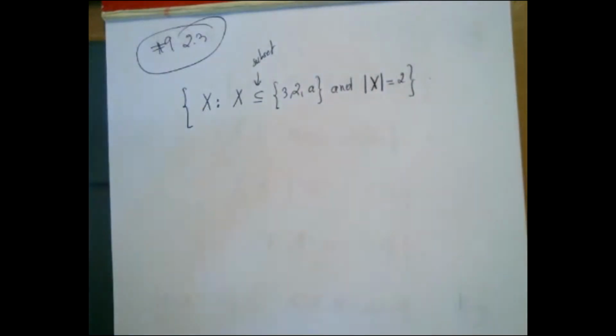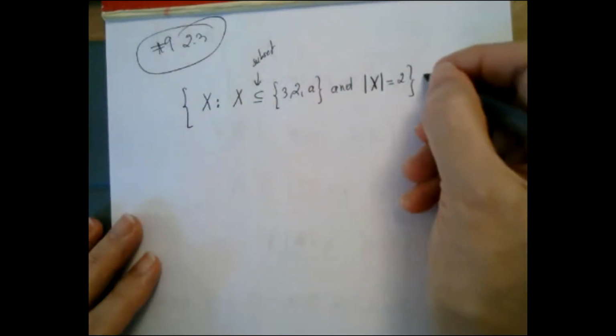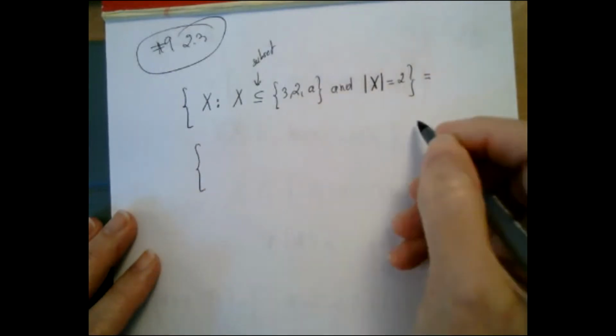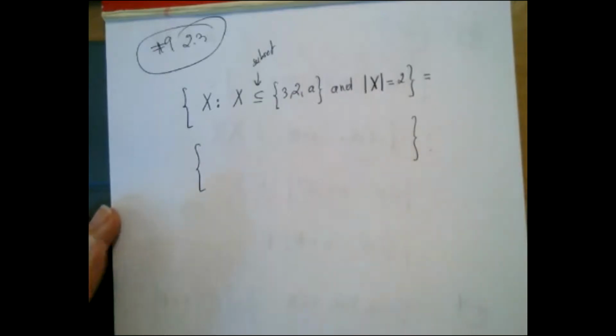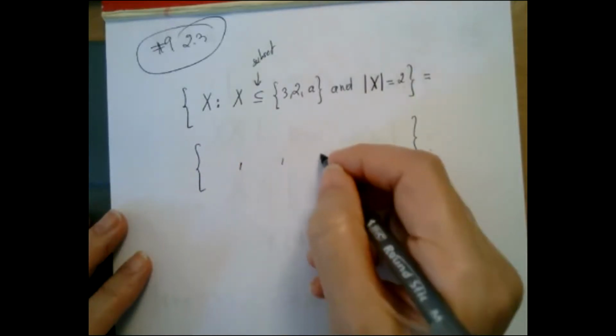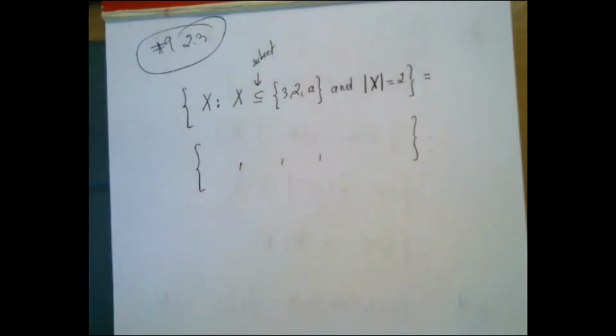I want to list the elements. So I have a set now. I immediately put the braces because I'm talking about a set, and I'm going to list the elements in here. I don't know how many there are.